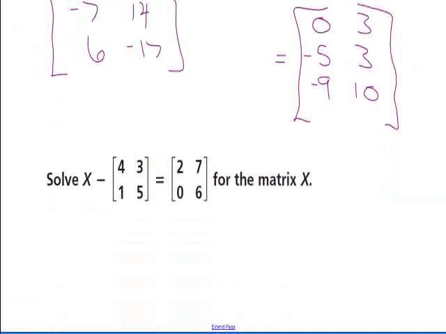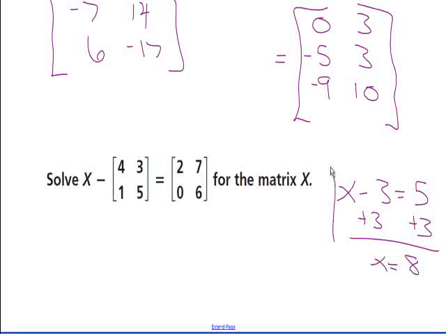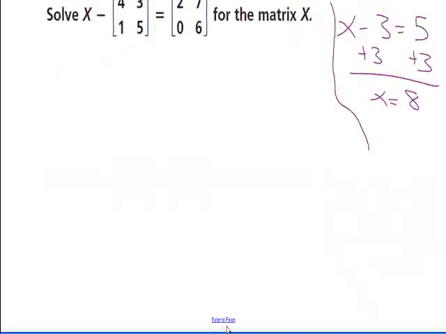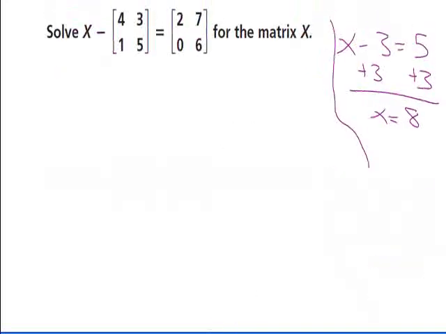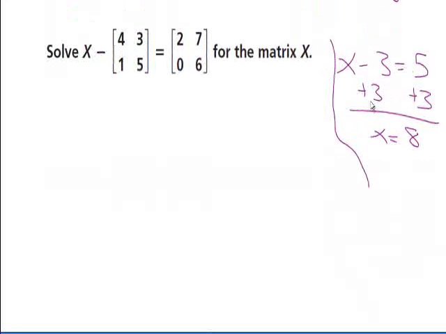Alright, now we can use this to solve. If I gave you x minus 3 equals 5, how would you solve that? Add 3 to both sides, so x equals 8. So we're going to use that idea and do the same thing here, except instead of just having the number 3 that I have to add over, I have this whole matrix.